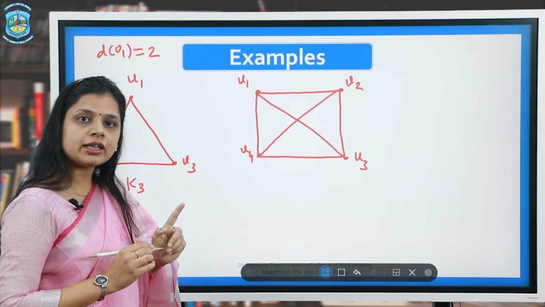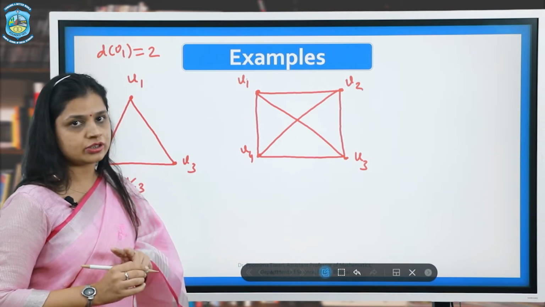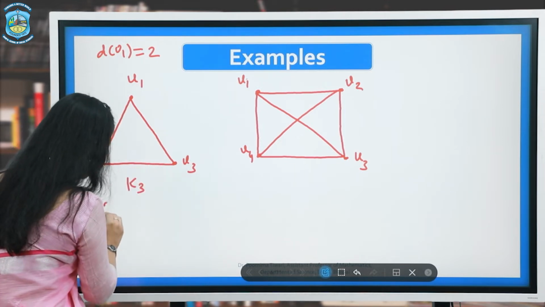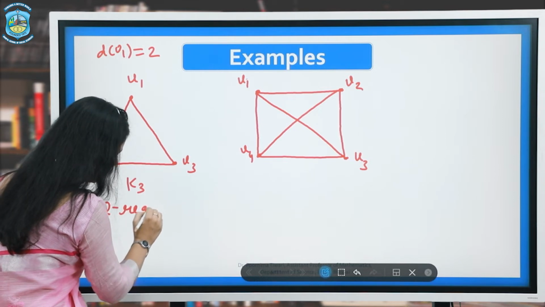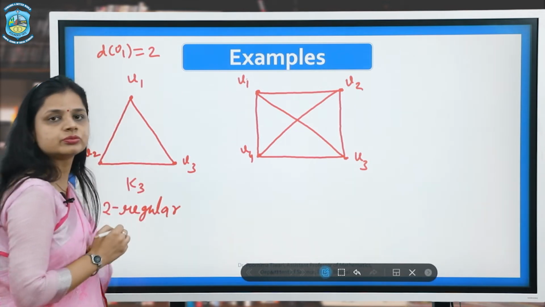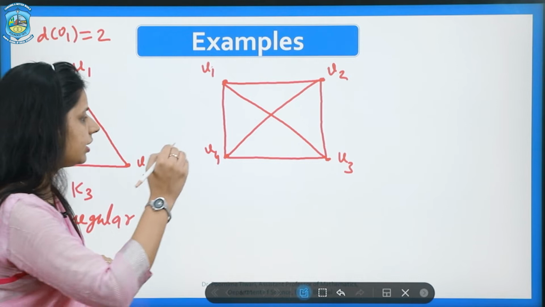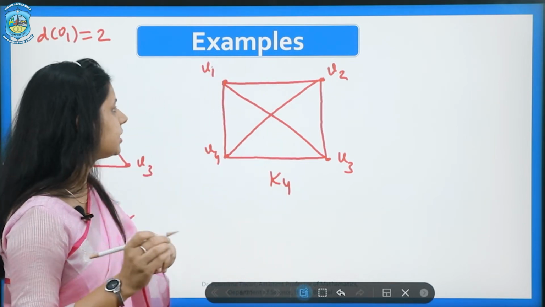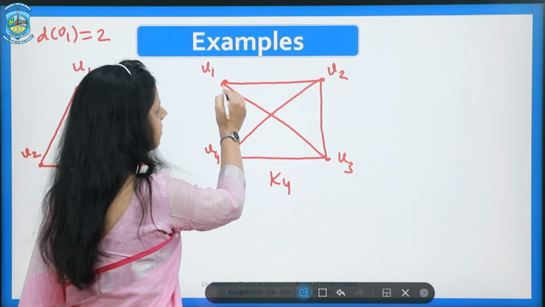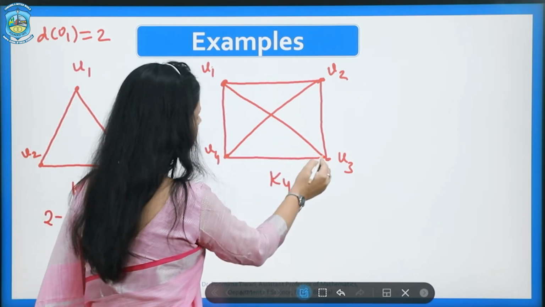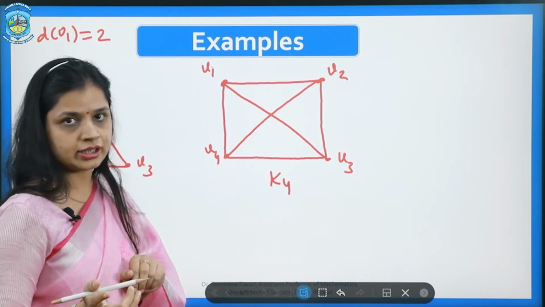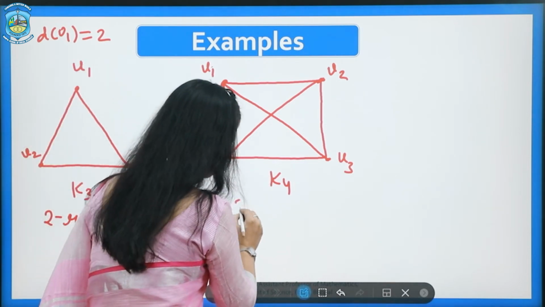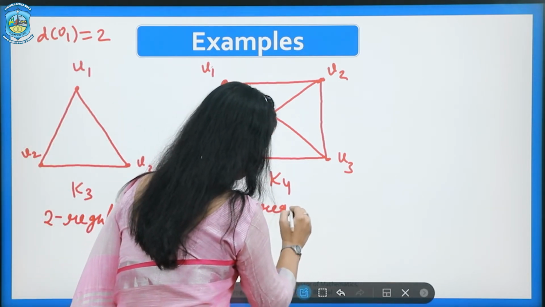It means in K3 every vertex is of degree 2. That's why this K3 is a 2-regular graph. And if we talk about K4, we may notice that the degree of each vertex V1, V2, V3, V4 is 3. So this K4 is a 3-regular graph.